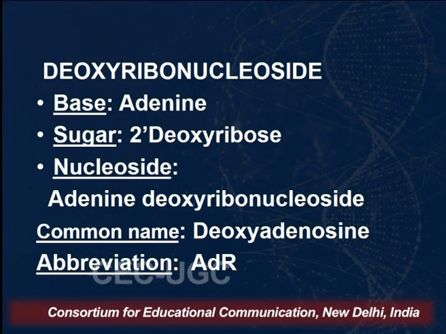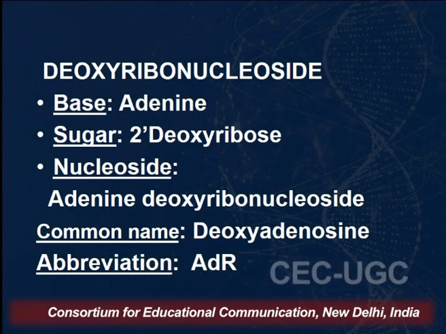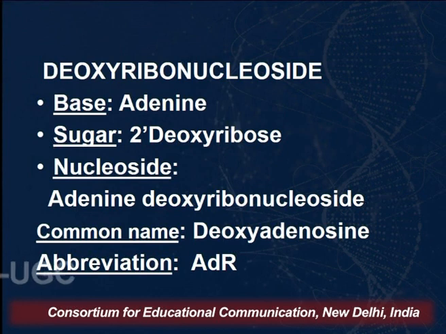It will become deoxyribonucleoside. And in the common name, we will exclude ribonucleoside and just write it as deoxyadenosine. So what you have to remember: when it is a nucleoside of ribose and the base is adenine, we will write it as adenosine.